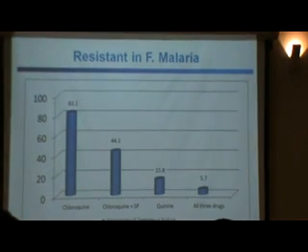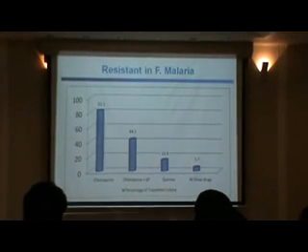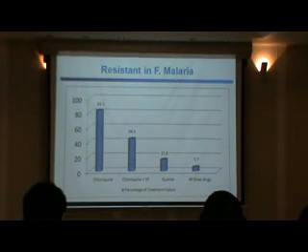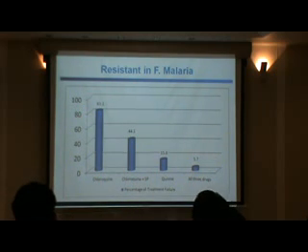This is the resistance which is found in Plasmodium falciparum malaria. Among the different drugs which we are using, chloroquine tops the list with more than 80% resistance in treating Plasmodium falciparum malaria.